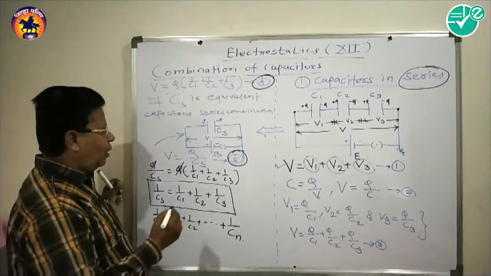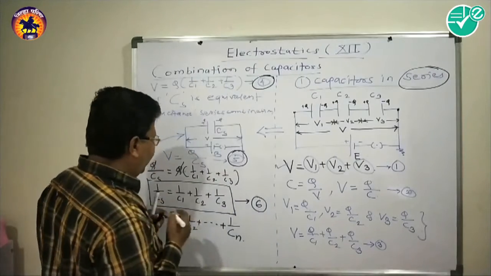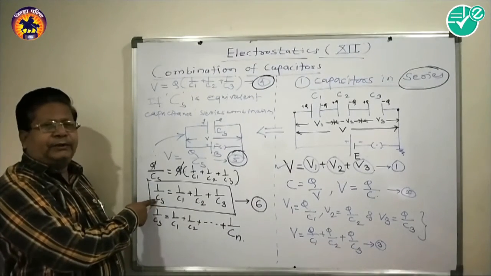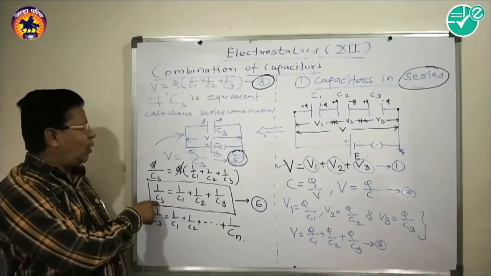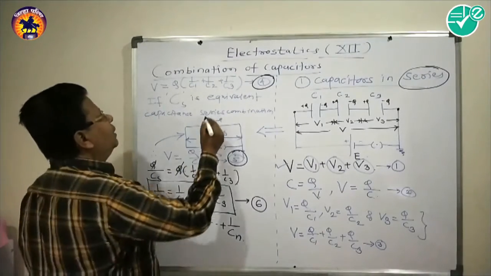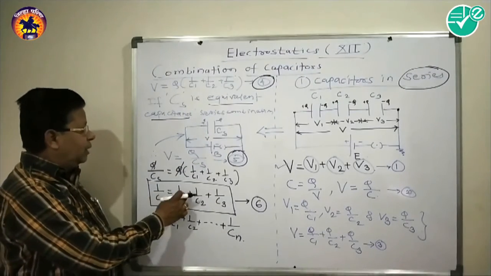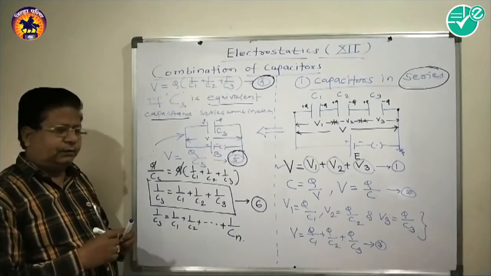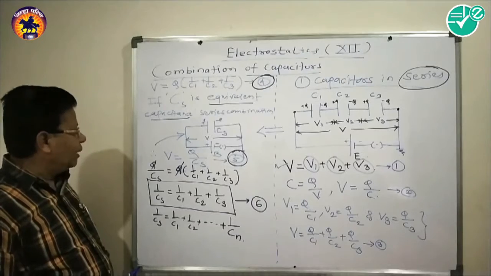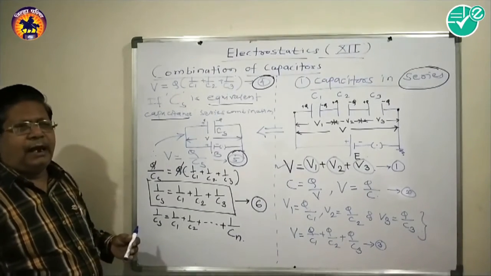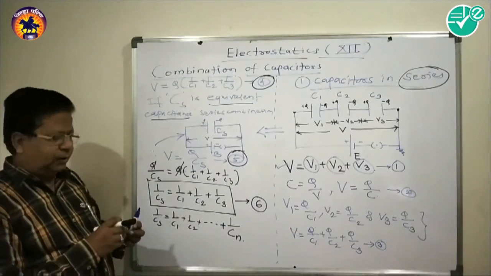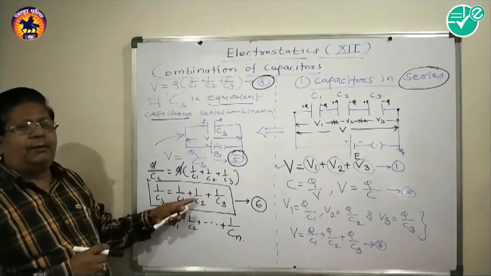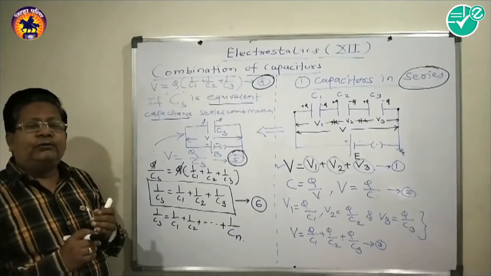So from expression number 6, we say that the reciprocal of the equivalent capacitance, that is 1 by Cs, in series combination is equal to the sum of the reciprocals of the individual capacitances.